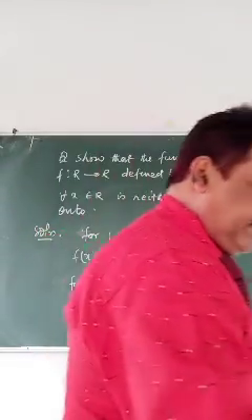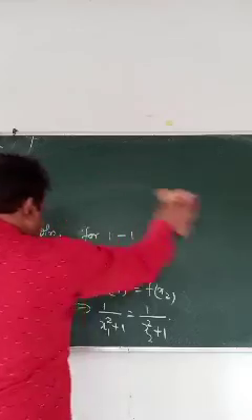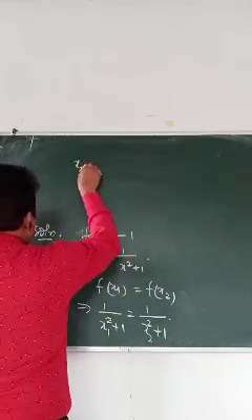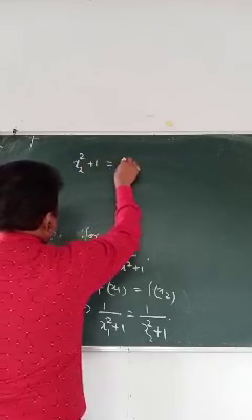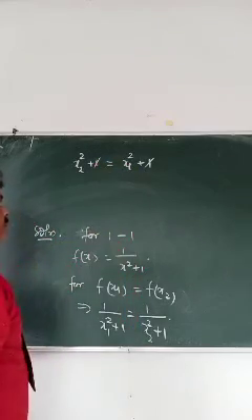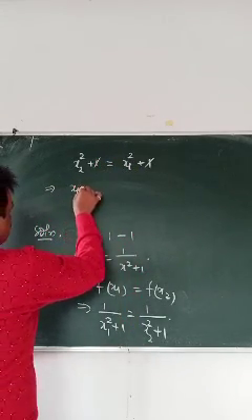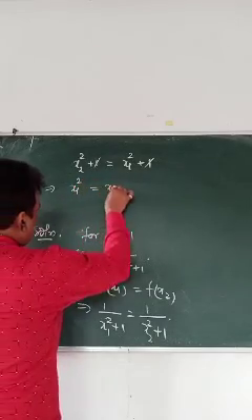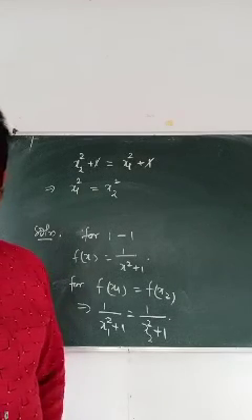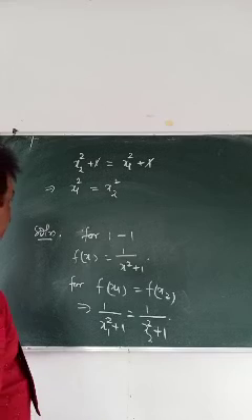So you will get here, cross multiplication, x2 square plus 1 equals x1 square plus 1, 1 is cancelled. So what you get here is x1 square equals x2 square. Yes or no?